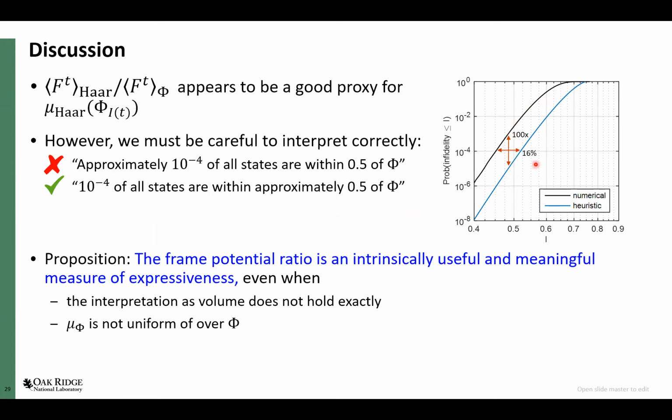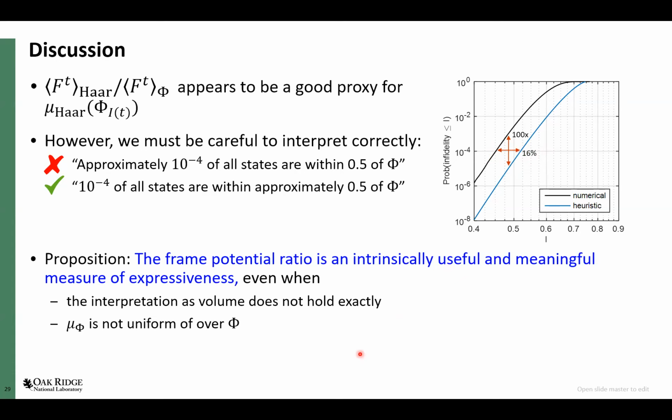But if we interpret the graph the other way and say, I have a certain fraction of states, 10 to the -4, and they are approximately within 0.5 infidelity of the set of states that our circuit can make, we can make that sort of interpretation, because in that case, the error is only a few percent. Okay, so this is a useful interpretation, but you have to take it with a little grain of salt.